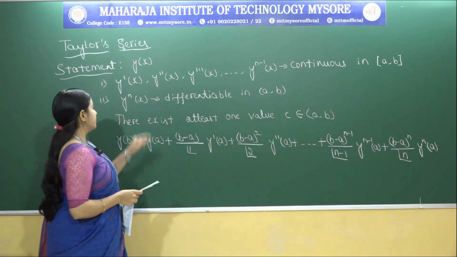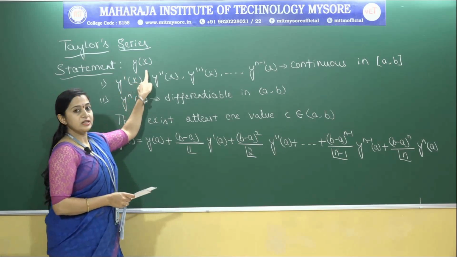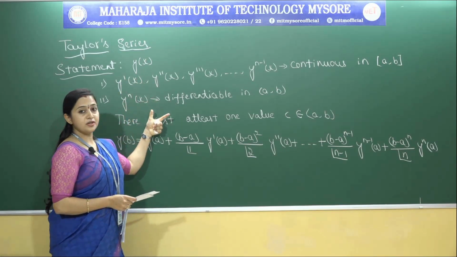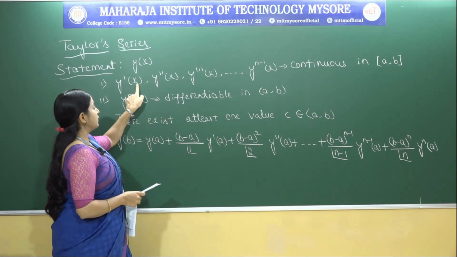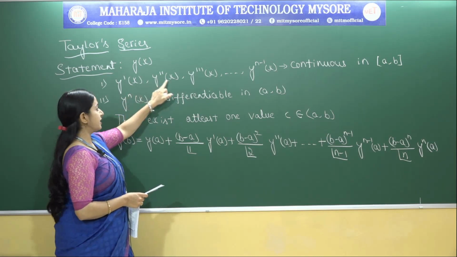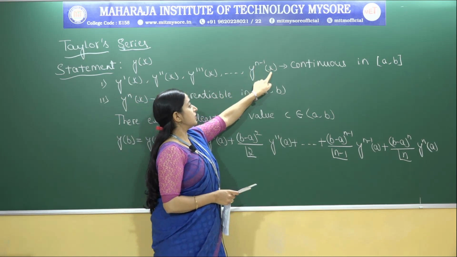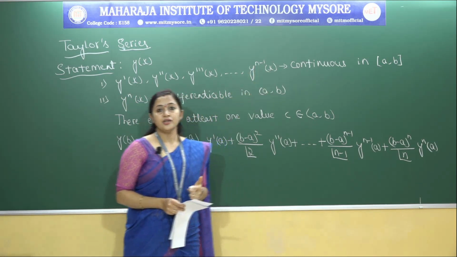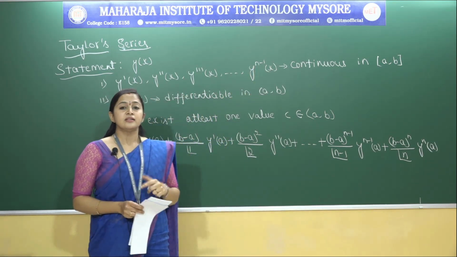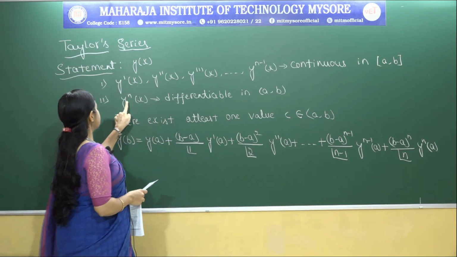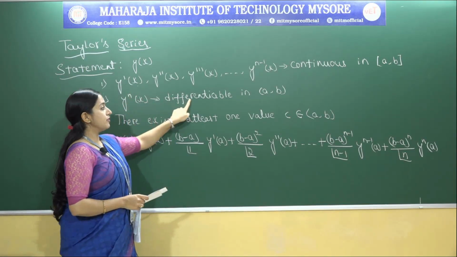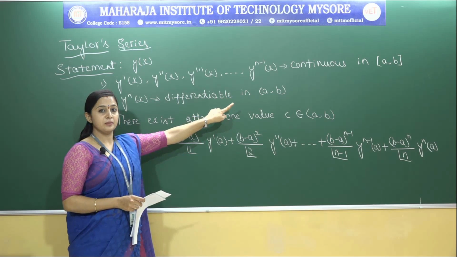So the Taylor series: consider the function f of x, then it should satisfy these two conditions. The first one, the first differentiation, second differentiation, third differentiation till the n minus 1th derivative of x is continuous in the closed interval AB. The second condition, the nth derivative of x is differentiable in the open interval AB.